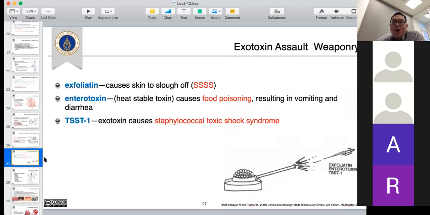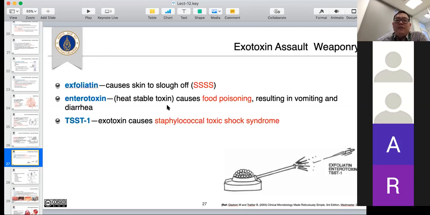They produce toxin. Toxin is very harmful. They go together with blood and affect the other parts far away from the infected site. Exfoliative toxin causes 4S, okay? Staphylococcal scalded skin syndrome, SSSS, okay?